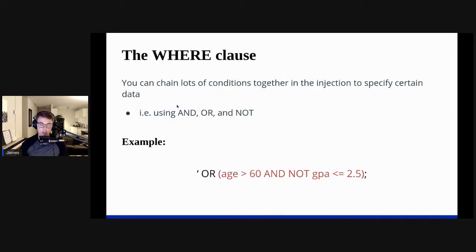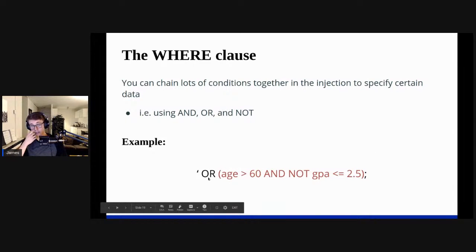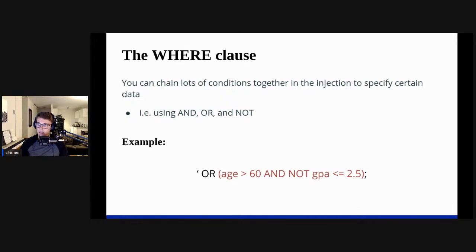You can use these to chain together different conditions to specify what kind of query you want. For example, if we did the injection or age is greater than 60 and it's not the case that the GPA is less than or equal to 2.5, and we had some table with these columns, then it would return everybody whose age is over 60 and has a GPA that's strictly greater than 2.5.